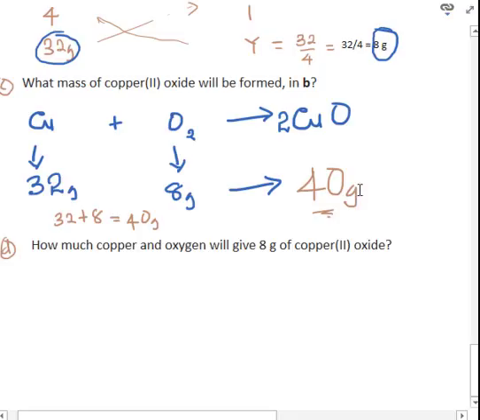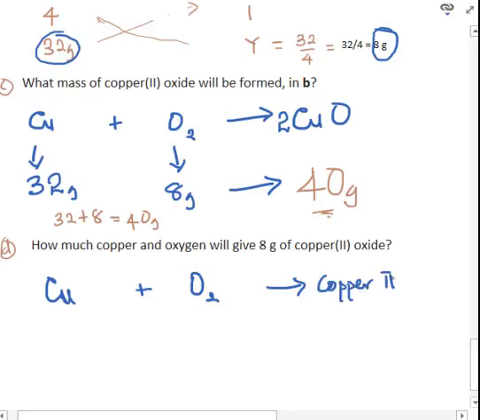So the last question says how much copper and oxygen will give 8 grams of copper 2 oxide. It's the same way to approach it. So let's put this again. We have Cu, we have oxygen here, and we have copper 2 oxide. Let me write it this way.